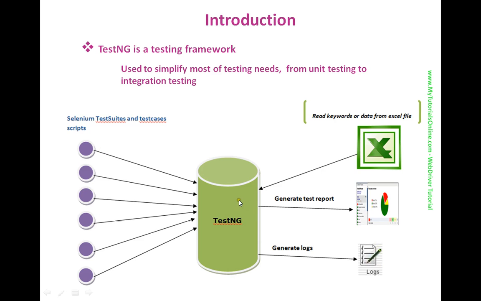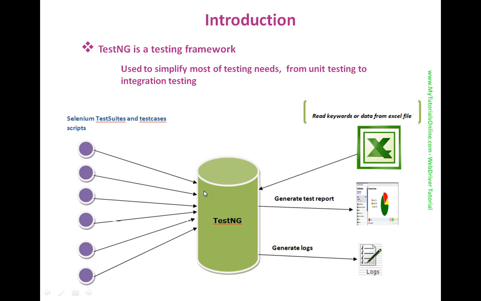If you observe this diagram, TestNG takes data from external sources like Excel files. It accepts the data used for our test cases, nothing but test data, and passes the test data to the test scripts developed in Java, and it executes the Java code.